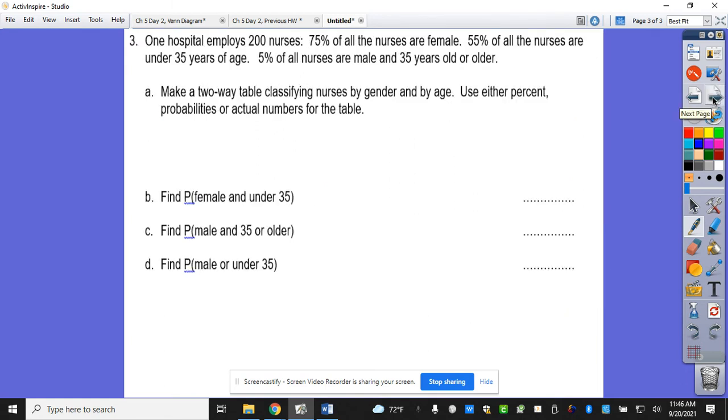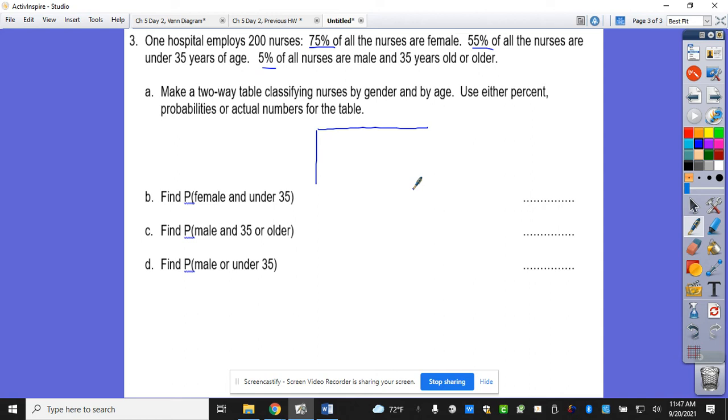With this one, you could choose either way to do it. You can do it with numbers or percentages. If it gives me all of these as percentages, I would probably lean towards going to percents because then I don't have to do any conversion. What's one of my different variables? Gender.